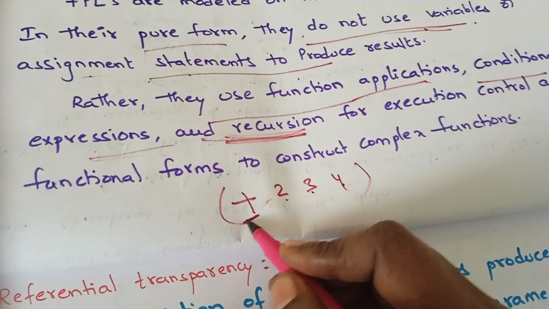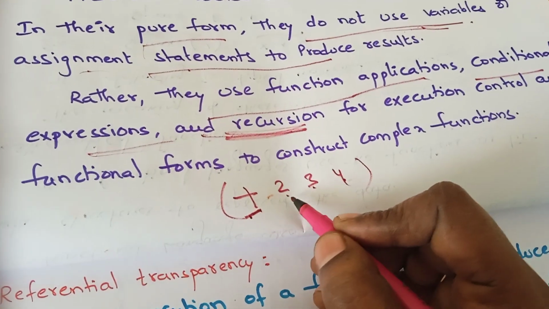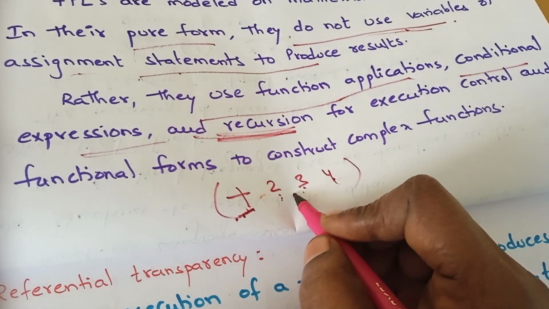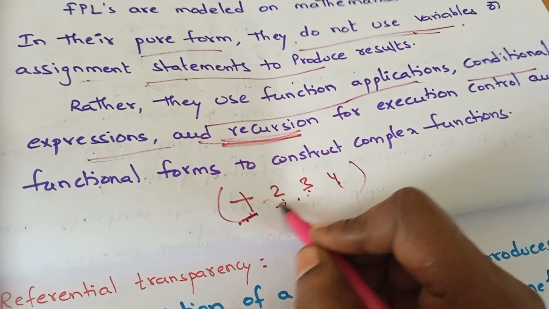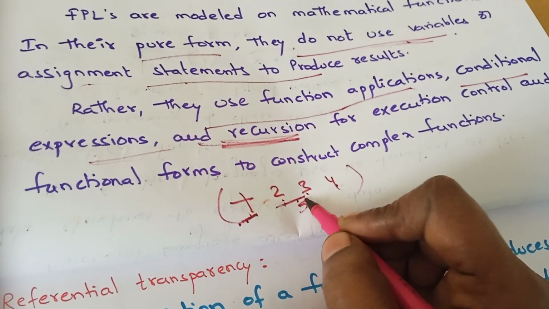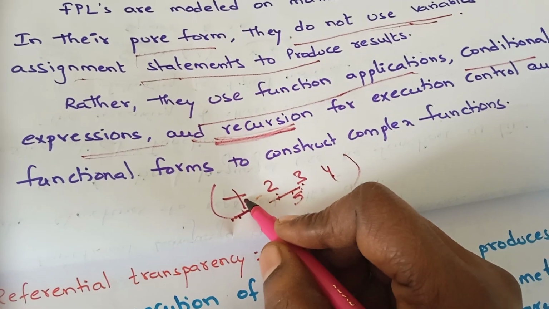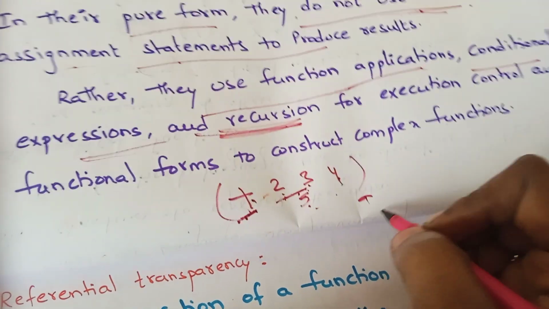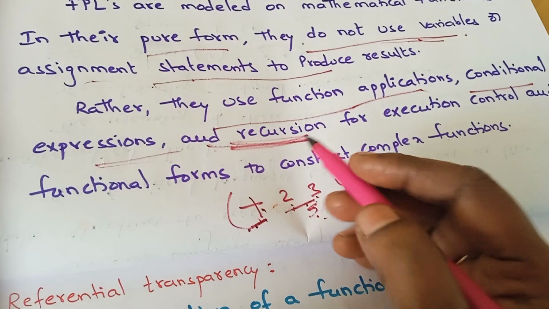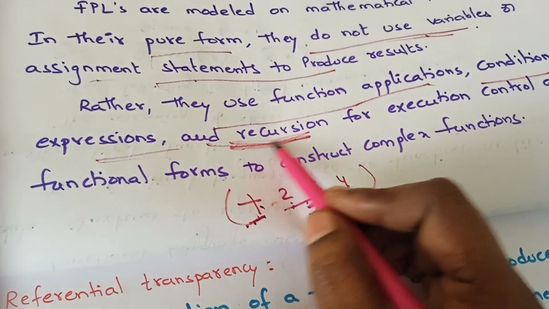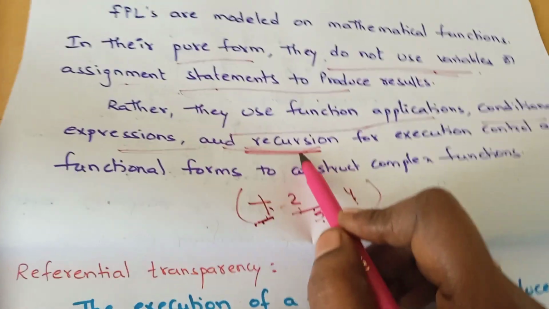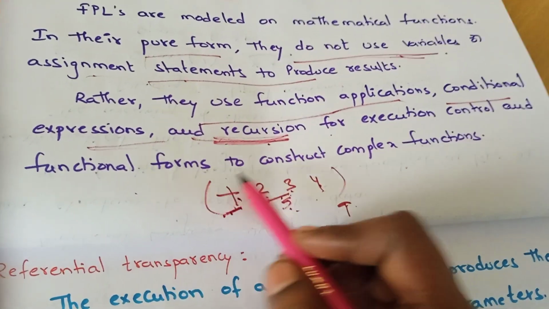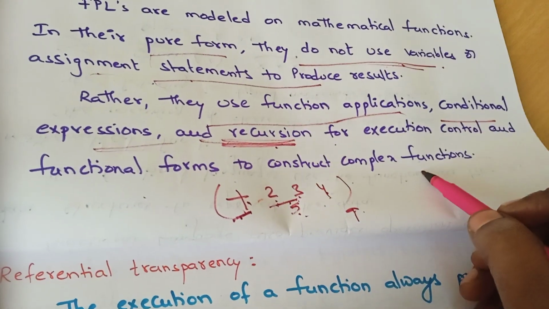Now this function is going to be called on these parameters, and 2 plus 3 will be treated as 5. Again the function is going to be called to perform 5 plus 4, which is 9. So that means the function will be performed through recursion. Okay, and recursion for execution control, and functional forms to construct complex functions.